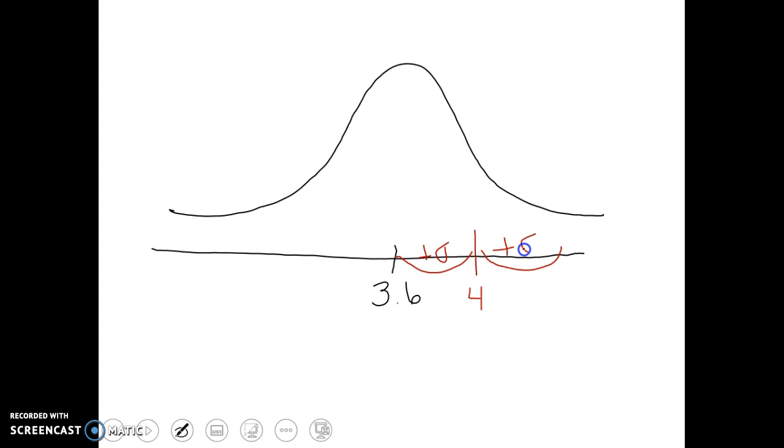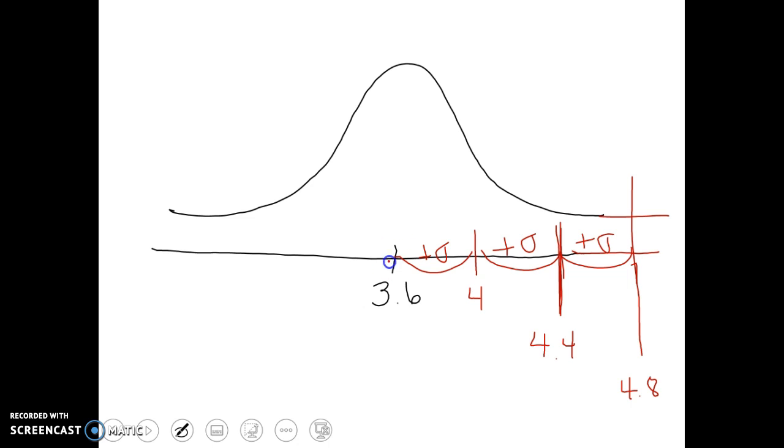Then we add one more standard deviation, plus 0.4, and we get 4.4. And we add one more standard deviation, so a third standard deviation, and we get 4.8.